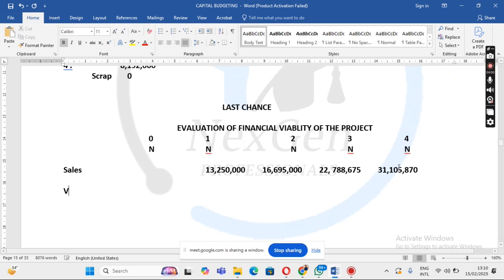So we have the variable costs. What is the variable cost? 5,787,600. Next, 7,291,740.